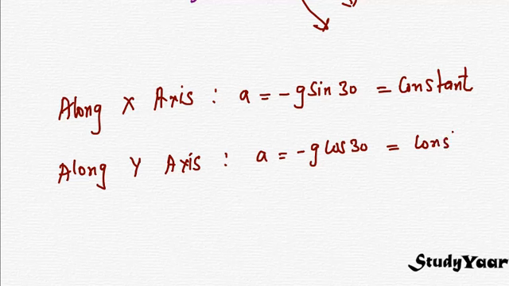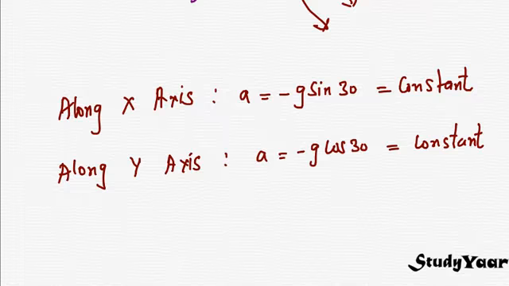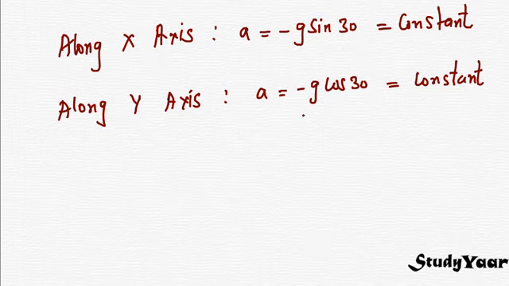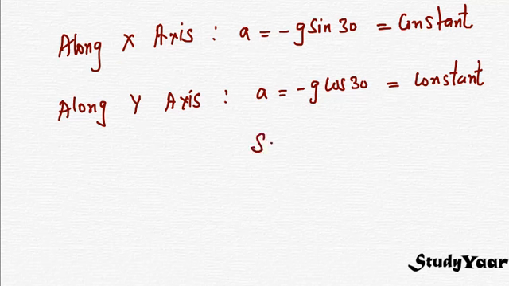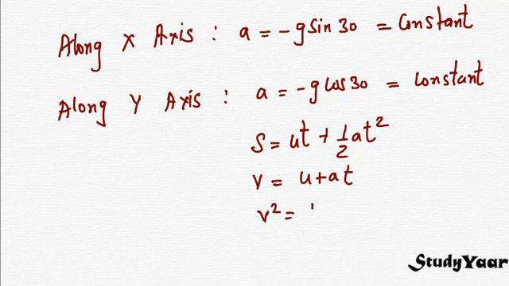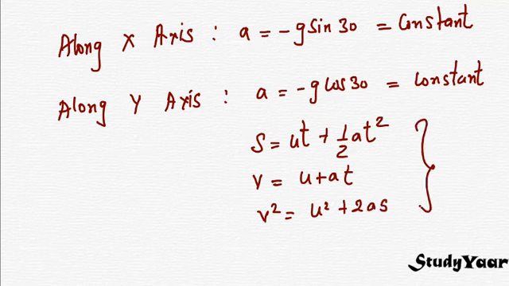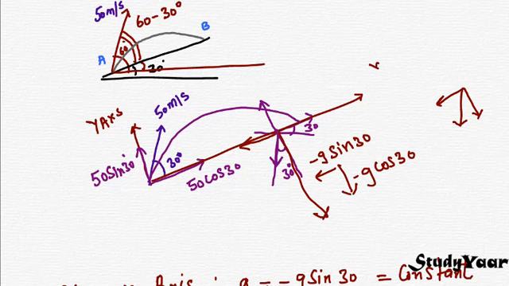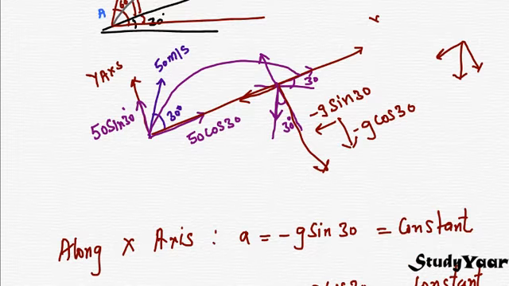Therefore I am going to have a uniformly accelerated motion along y-axis. Therefore, along both the directions x and y, these equations are valid: s equals ut plus half at square, v equals u plus at, and v square equals u square plus 2as. I can apply both of these equations along x and y directions.